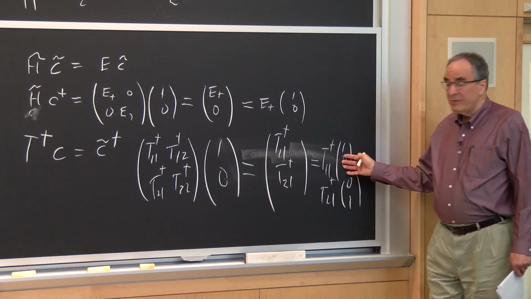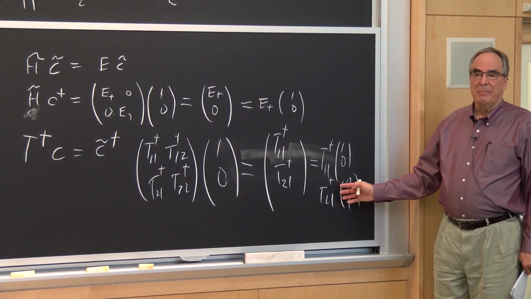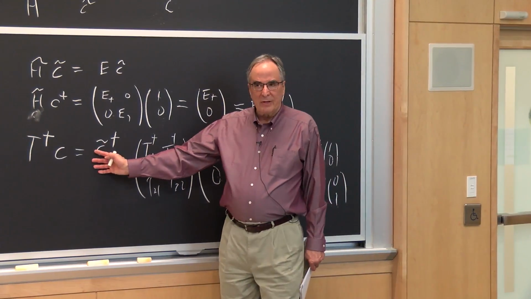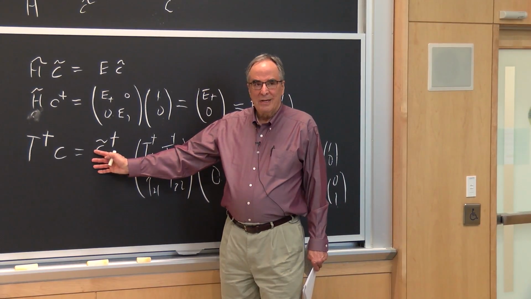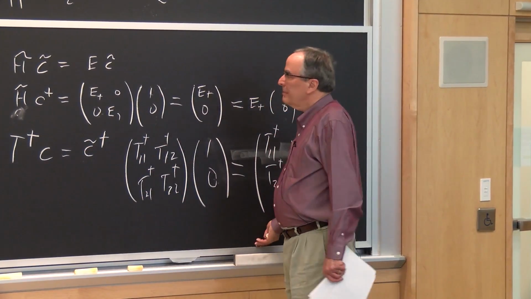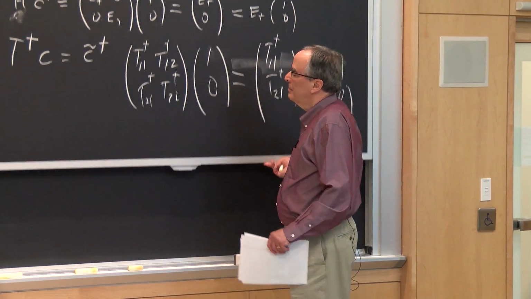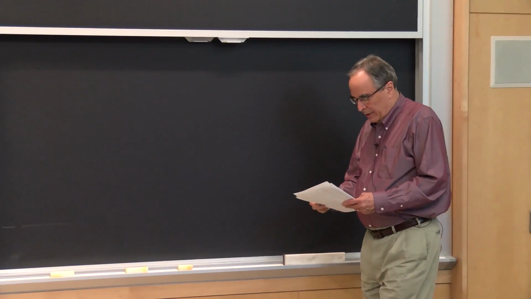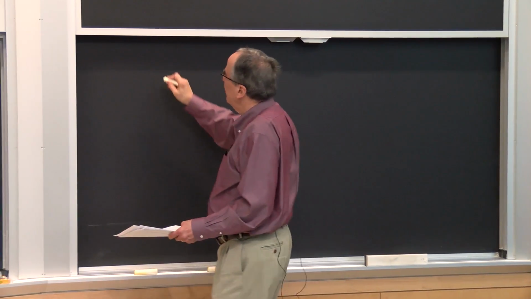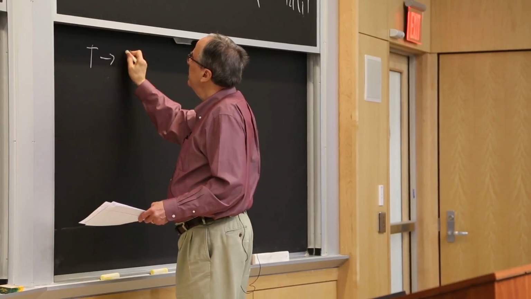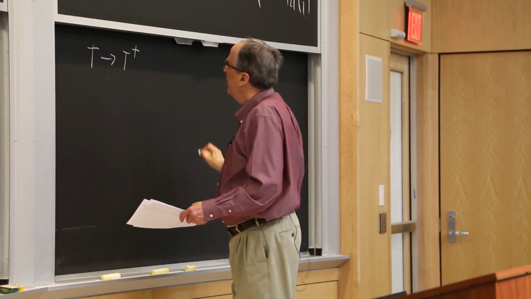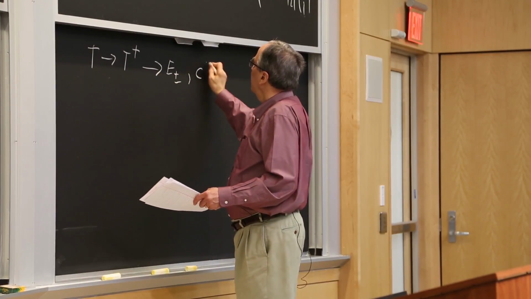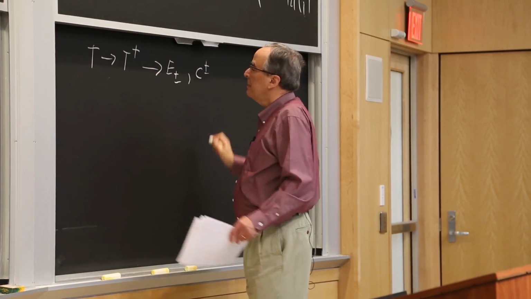So this thing gives the linear combination of the basis vectors that is equal to a particular eigenvector. And so that means if we can find T, we can get T dagger, and we can get E plus, and E minus, and C plus, and C minus.